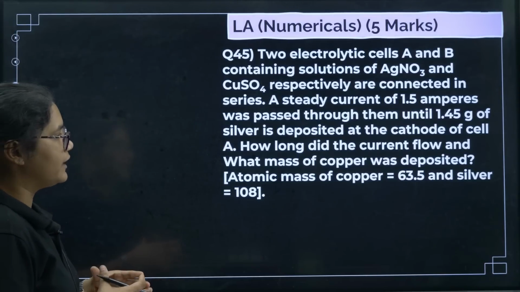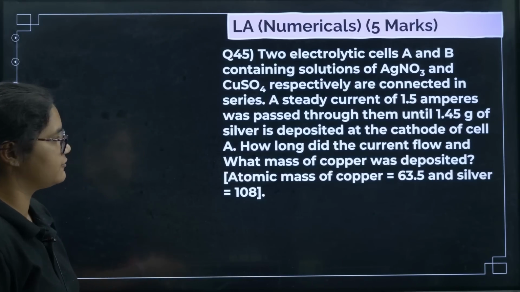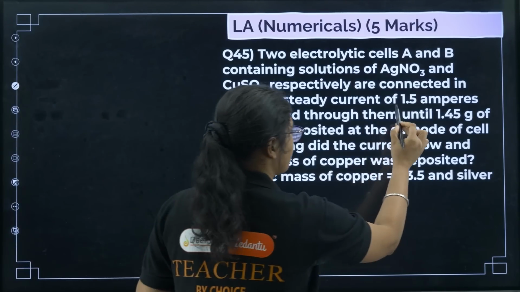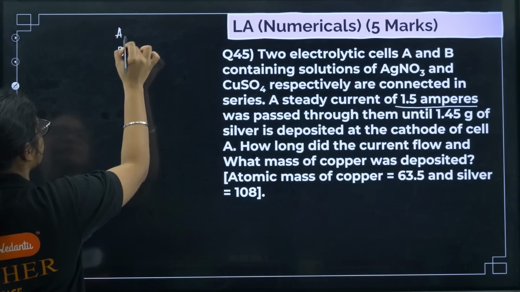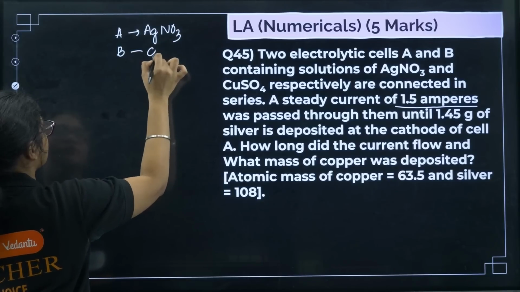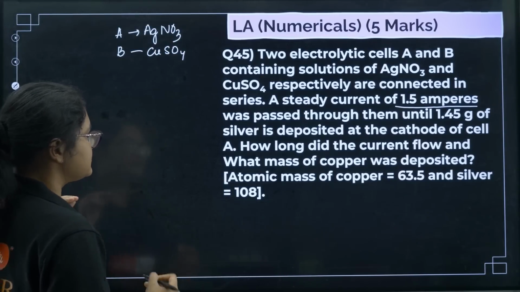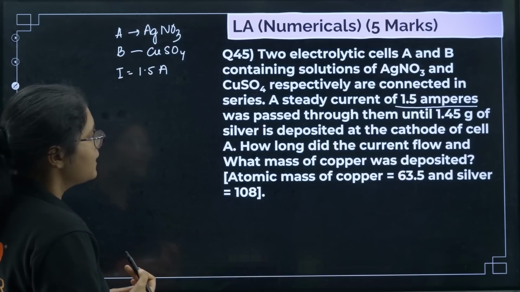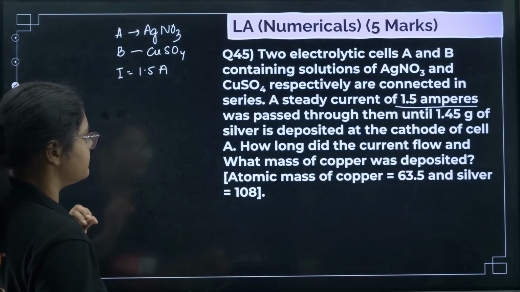Next, two electrolytic cells A and B containing solutions of AgNO3 and copper sulfate respectively are connected in series. A steady current of 1.5 ampere is passed through the solution until 1.45 gram of silver is deposited.